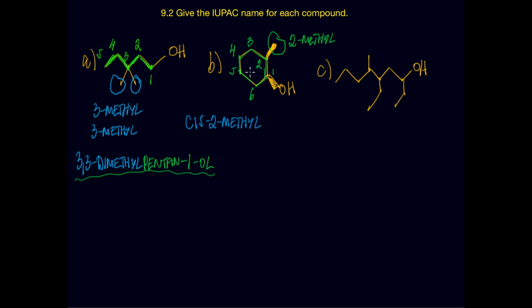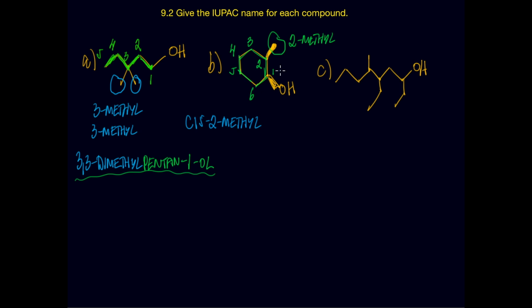Okay, and we have cyclohexane, and we have an alcohol at carbon 1. Now, when you have a ring, the alcohol is always assumed to be at carbon 1. If we just have one functional group in the ring, it's always assumed to be on carbon 1. So we wouldn't need to say cyclohexan-1-ol. We can just say cyclohexanol.